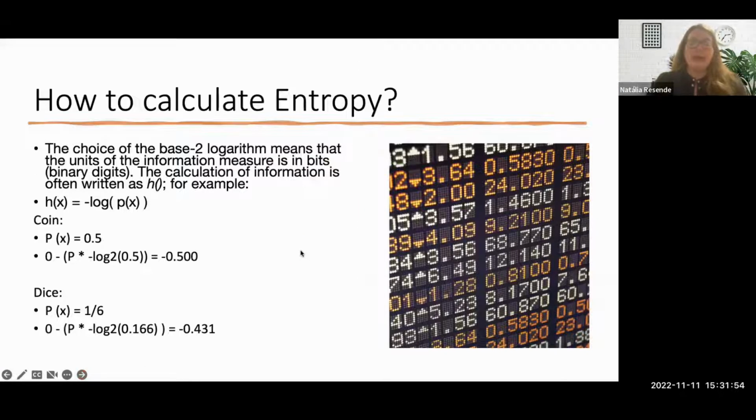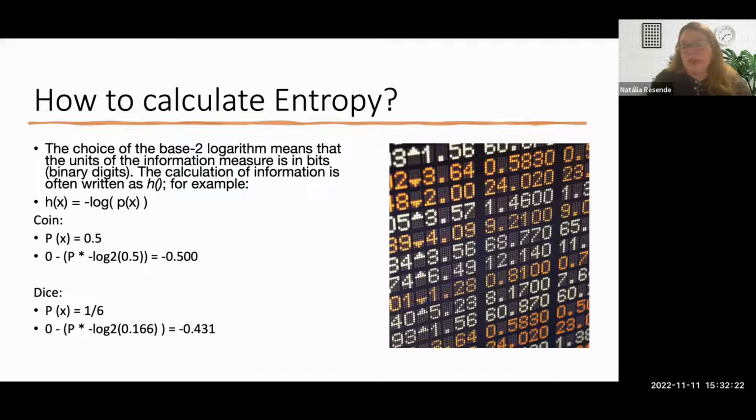Okay, but how do we calculate the entropy? Usually in the literature, entropy is presented in terms of binary digits, and traditionally it is calculated using the base 2 logarithm.